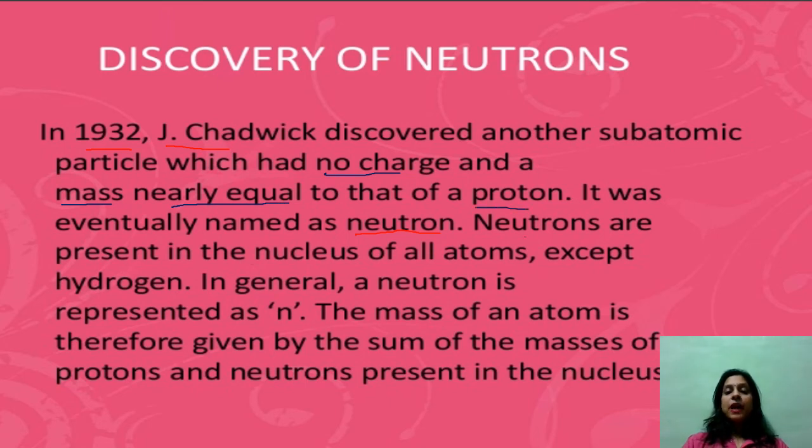Neutrons, except in hydrogen, are present in the nucleus of all atoms. ठीक है, न्यूट्रॉन्स जो हैं वो कहाँ प्रेजेंट होता है? न्यूक्लियस में प्रोटॉन्स के साथ, बट इन हाइड्रोजन देयर इज ओनली प्रोटॉन, नॉट न्यूट्रॉन. न्यूट्रॉन को डिनोटेड किया जाता है बच्चे स्मॉल n से, प्रोटॉन को डिनोटेड किया जाता है स्मॉल p से, and electron is denoted by small e.